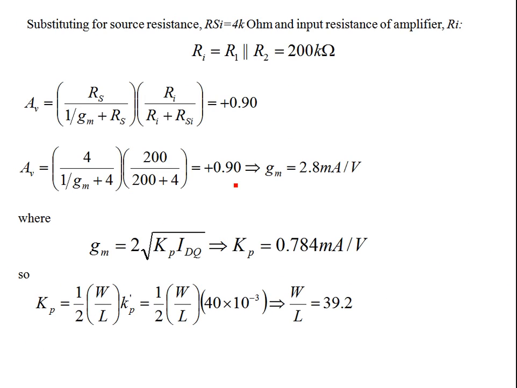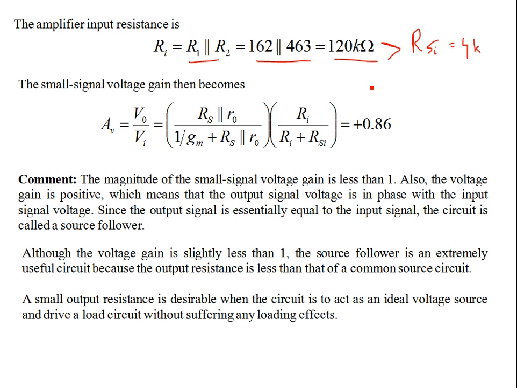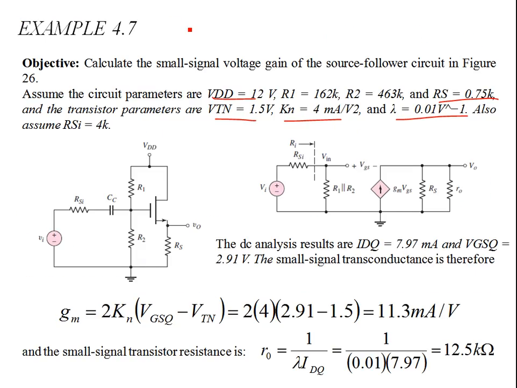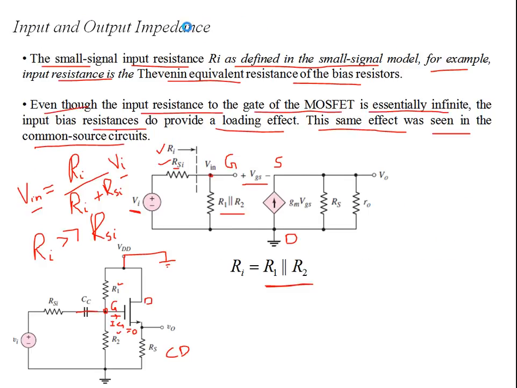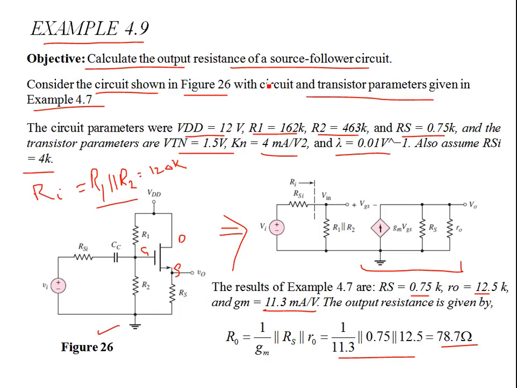If you recall, in 4.7, 162 parallel 463 is 120 kΩ. This is my input resistance. The output resistance for this particular configuration turns out to be 78.7 Ω, which is very small.